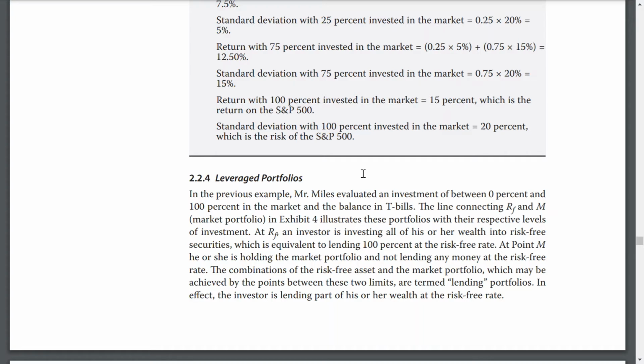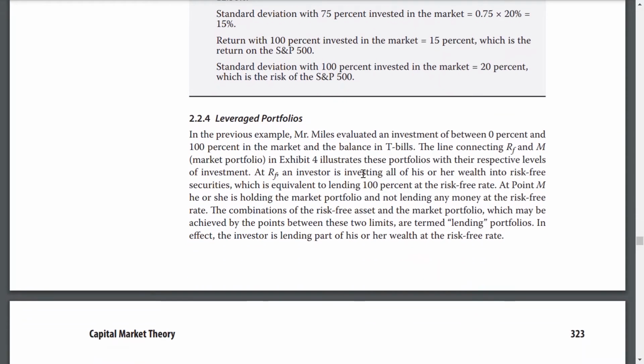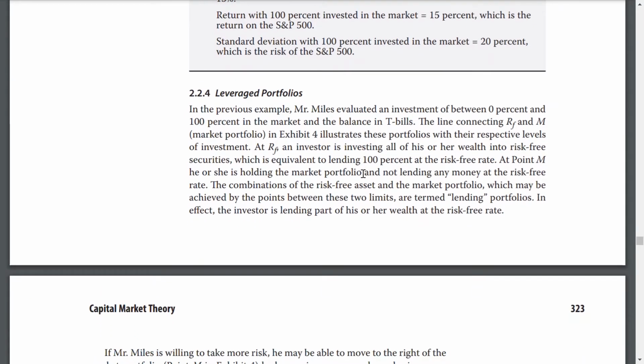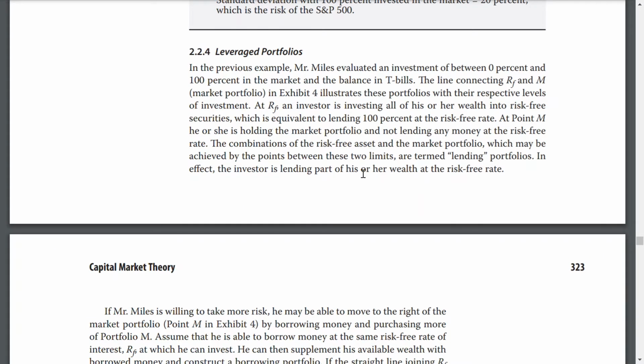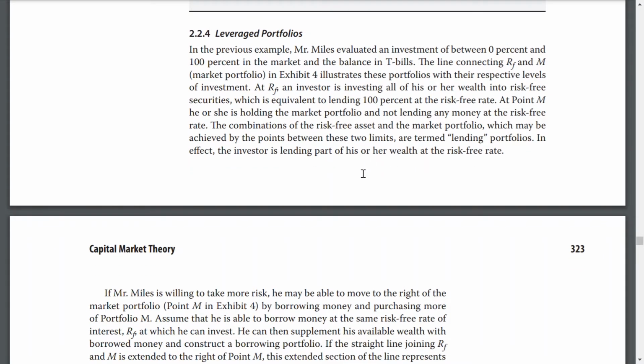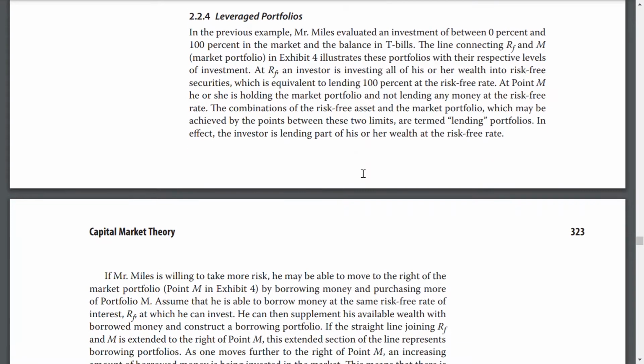At RF, an investor is investing all of his or her wealth in risk-free securities, which is equivalent to lending 100% at the risk-free rate. At point M, he or she is holding the market portfolio and not lending any money at the risk-free rate. The combinations of the risk-free asset and the market portfolio, achieved by points between those two limits, are termed lending portfolios. In effect, the investor is lending part of his or her wealth at the risk-free rate.